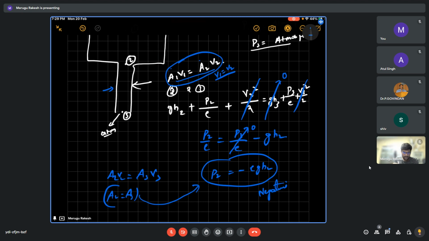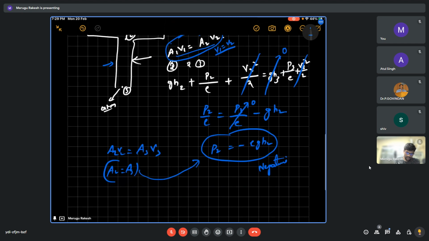So that's why we generally consider A2 V2 not equal to A3 V3. In this equation we cancel out P2 and P3, assuming they are atmospheric, and H3 will get cancelled.